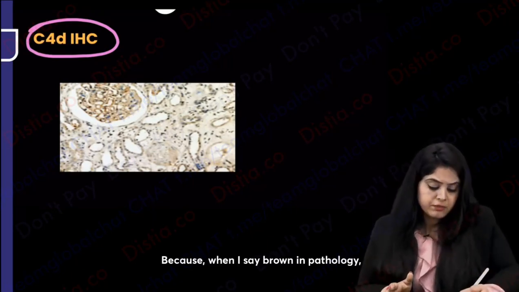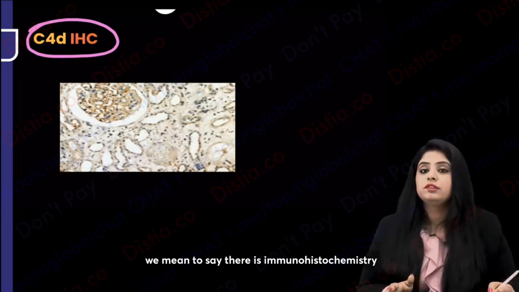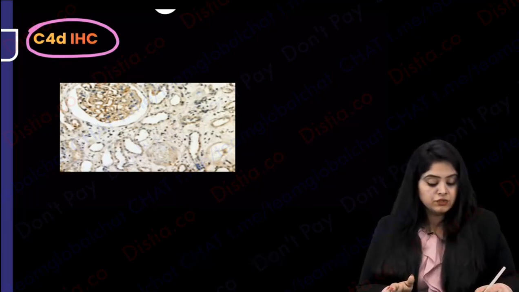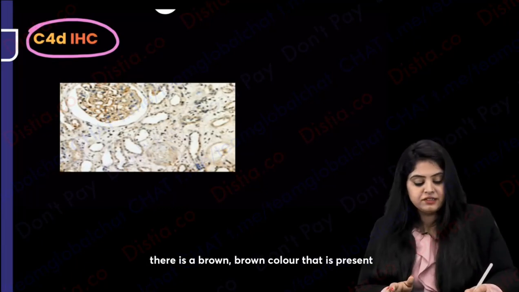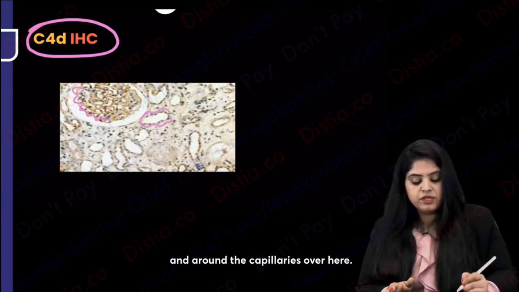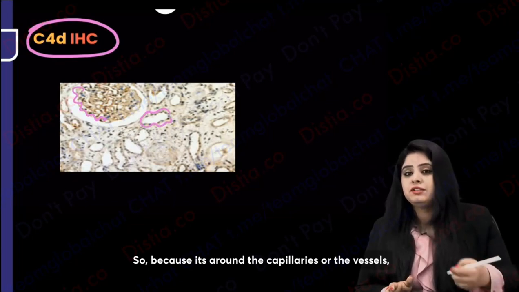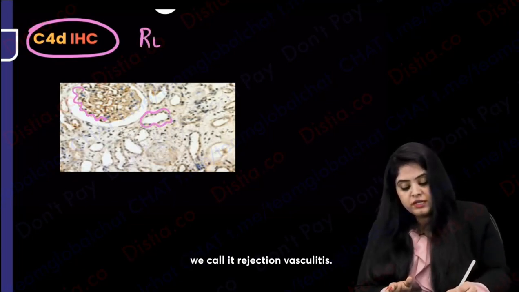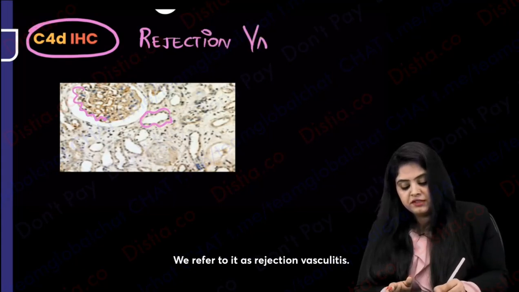Because when I say brown in pathology, we mean to say there is immunohistochemistry that has been done. So please note that I can see a brown color present around the capillaries over here and around the capillaries over here. Because it's around the capillaries or the vessels, we call it rejection vasculitis.